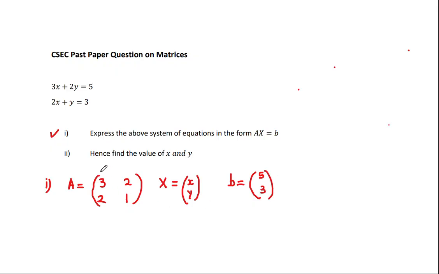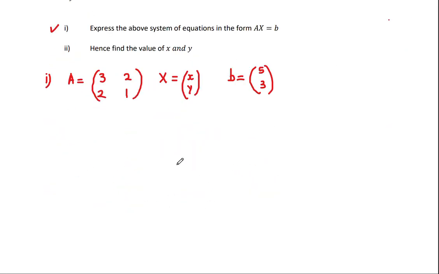So now that we have defined A, X, and B, when we write this in the form AX equals B, it's going to be simply like this. It's going to be 3, 2, 2, 1, that represents A. X is our column vector of unknowns, which is x, y.